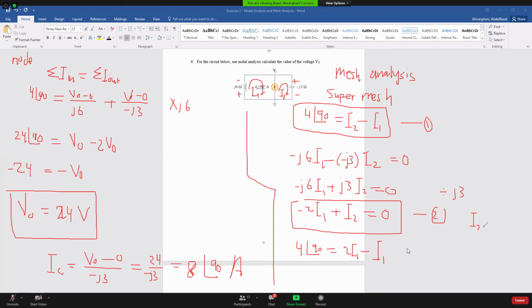So from here, I1 equals to 4 angle 90 ampere. I2 is just twice of this, so it's 8 angle 90.